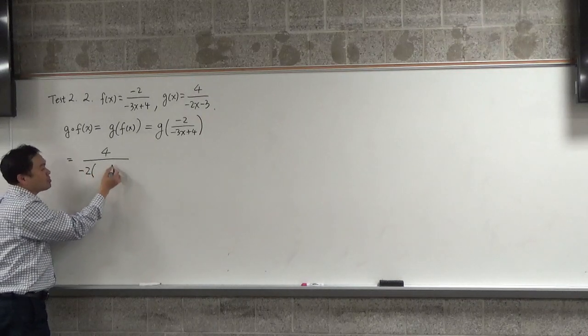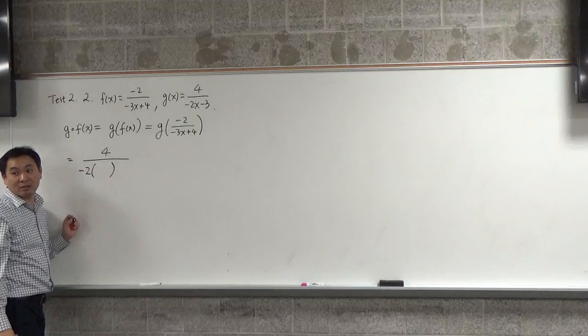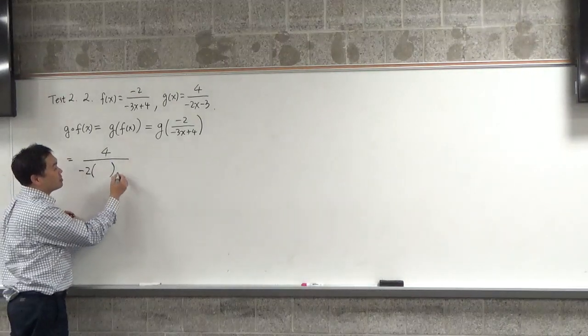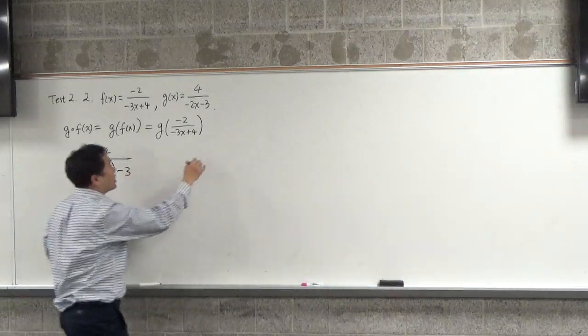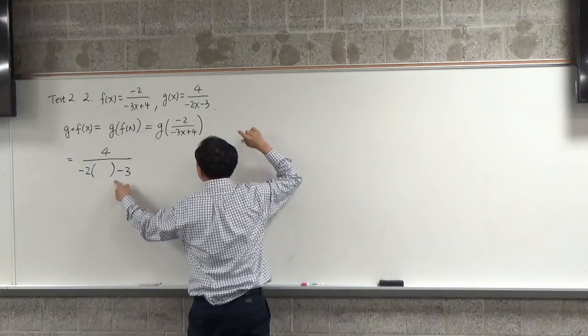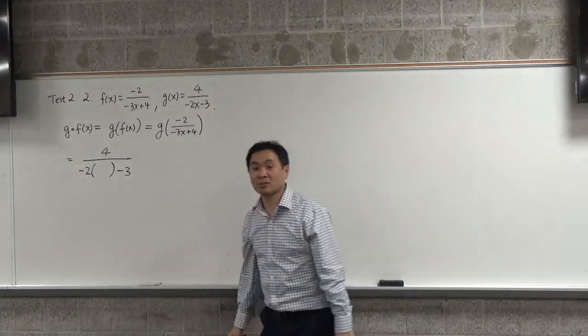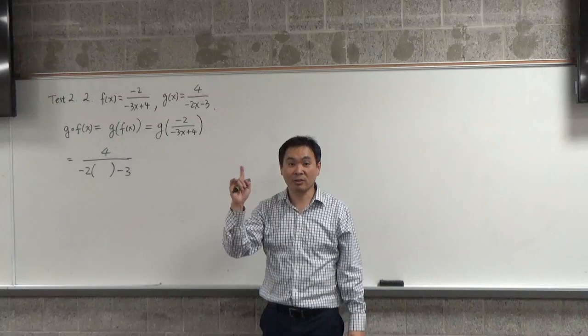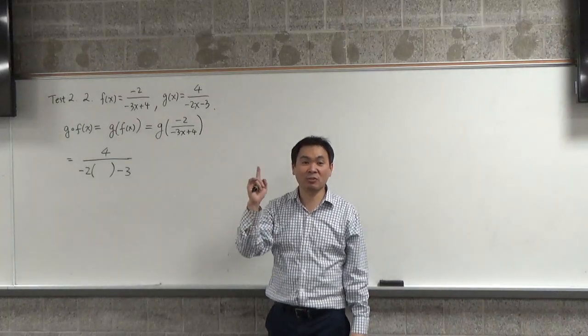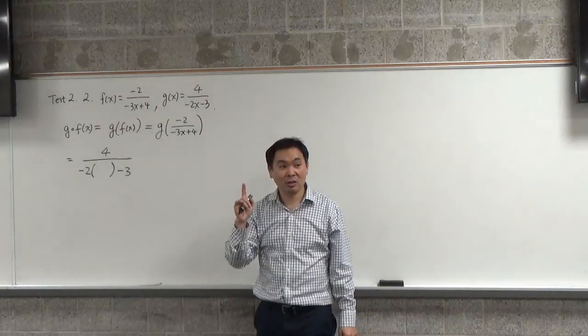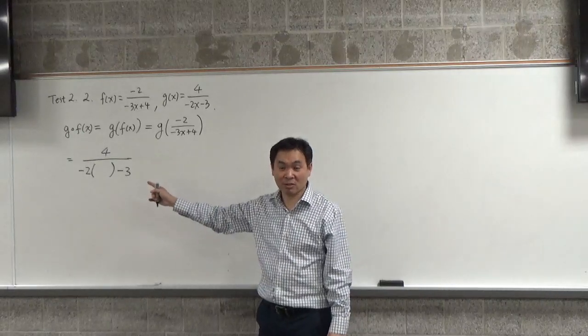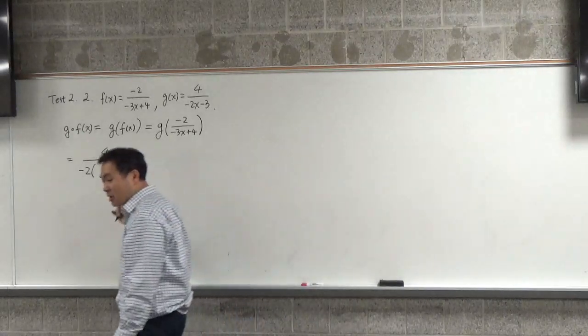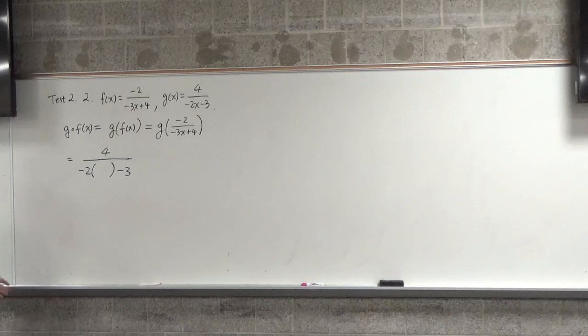Whenever you see an x, you put a blank. That's step 1. So you see that I copied this definition exactly here with x being blanked out. You should always follow this procedure if you want to get this correct. I've seen many people not following that and end up getting a totally wrong answer.